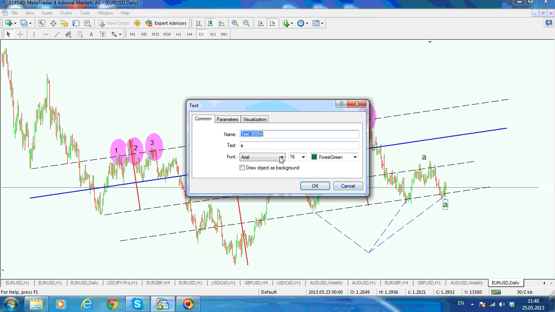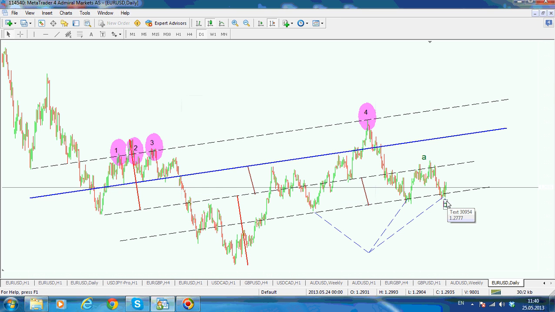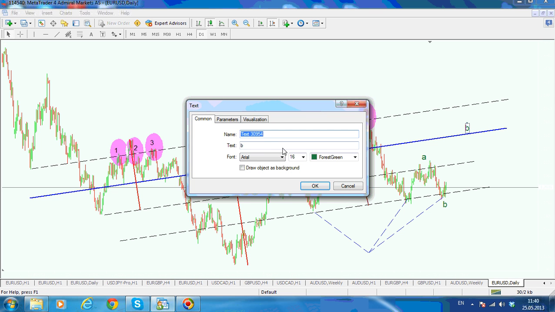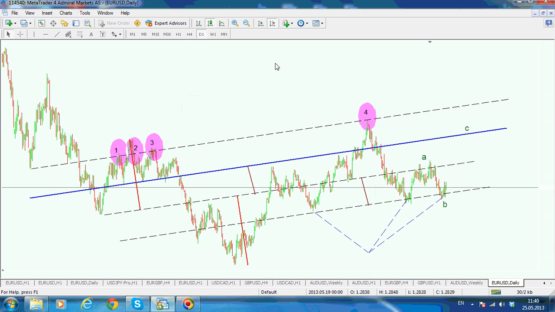B, and then the C should normally come at this blue line, and this blue line should be something like 135.38.